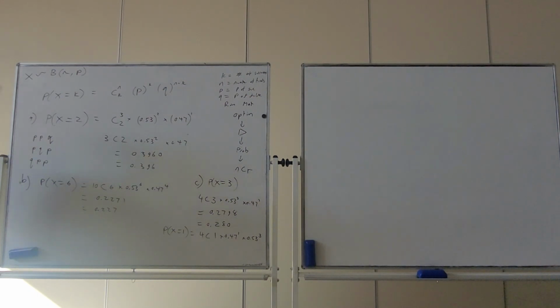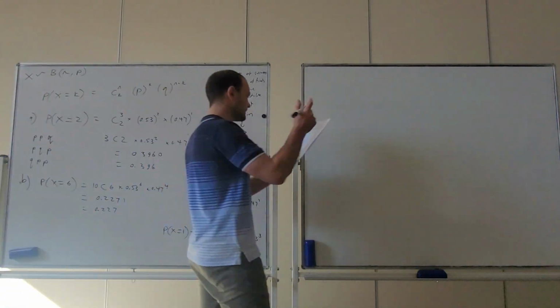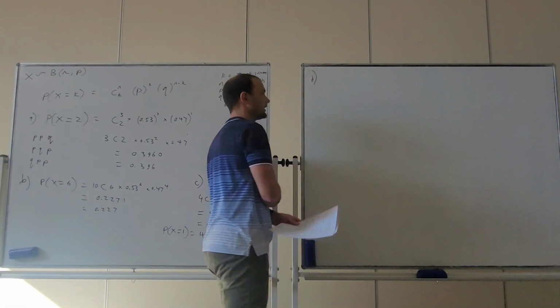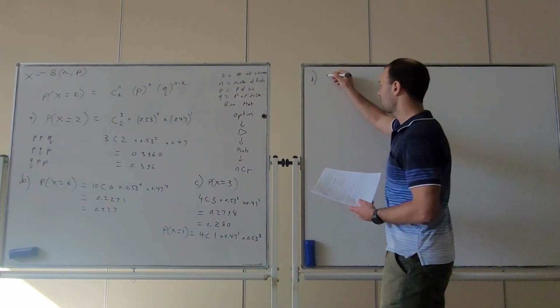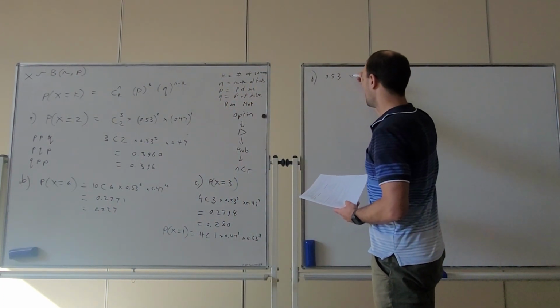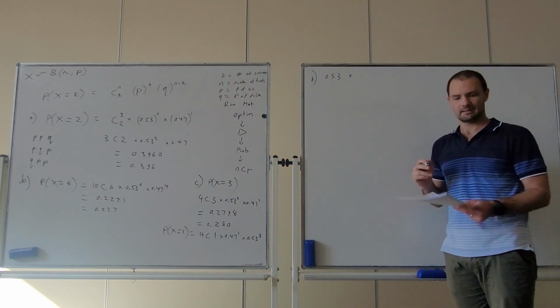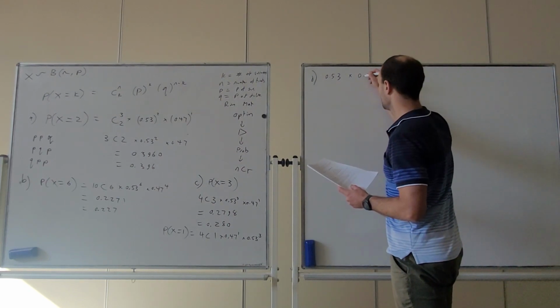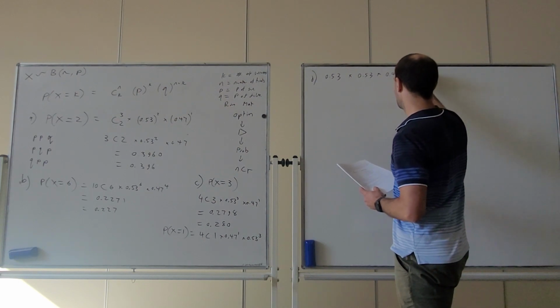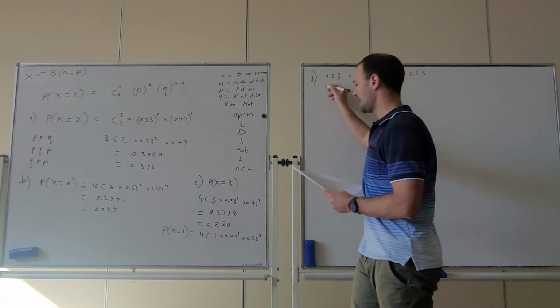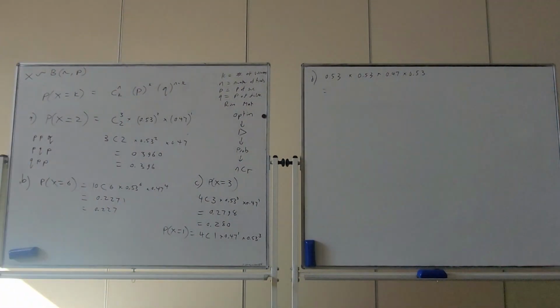Now this is a specific outcome, and so this is a conditional probability calculation. The probability of getting the first heads is 0.53. The probability of getting the second head is 0.53. Then we're going to get a tails, and then we're going to get another head. So we're just calculating that.